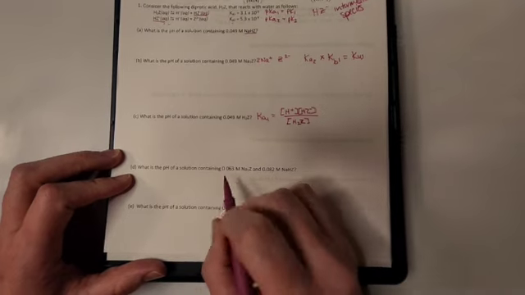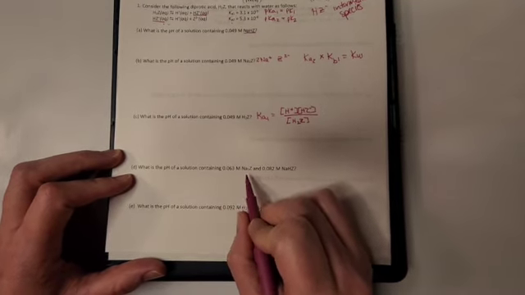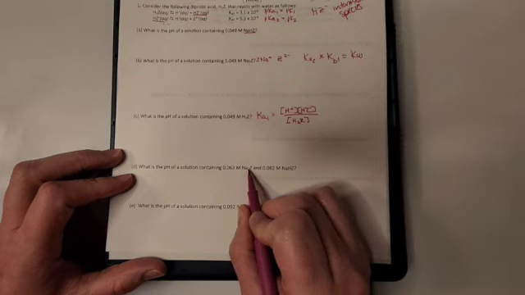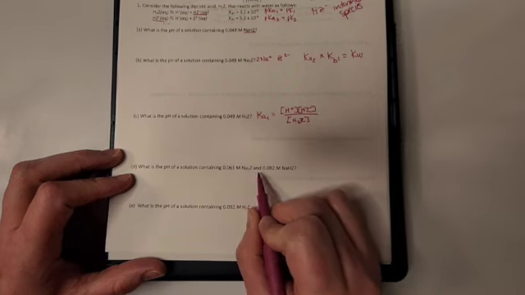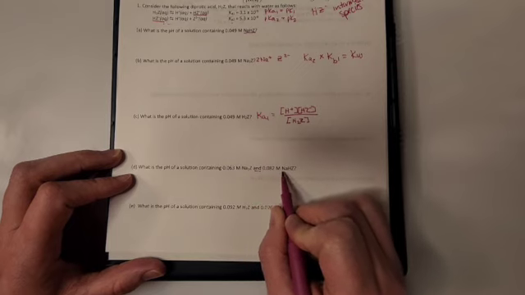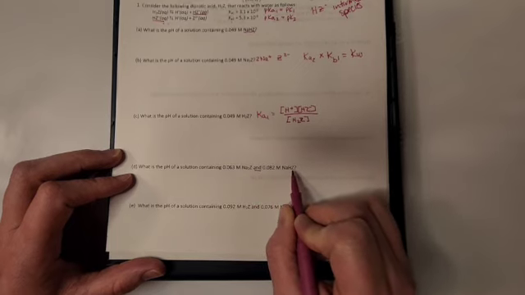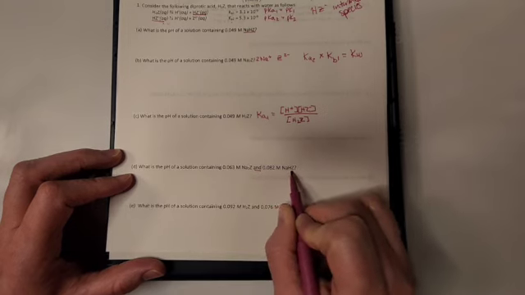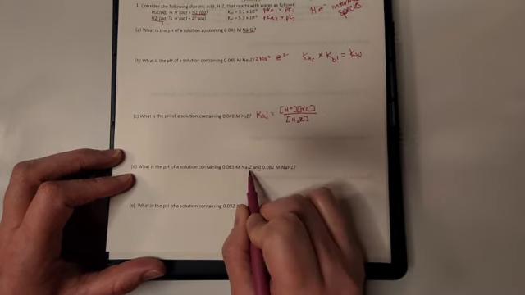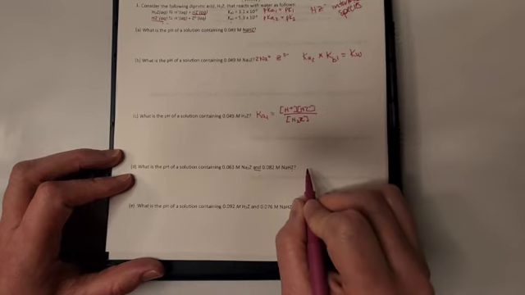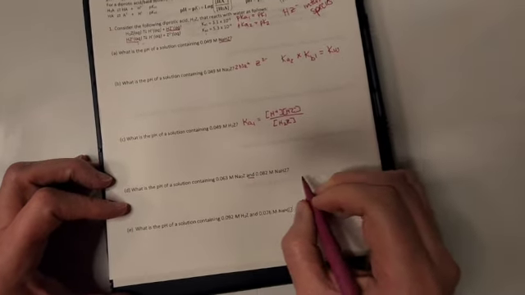So then part D, the pH of a solution containing 0.063 molar of Na2Z and 0.082 molar NaHZ. Okay, so we have got an acid, this is our acid right here, and this is the salt. So we're going to use the Henderson-Hasselbalch equation on this one, right?